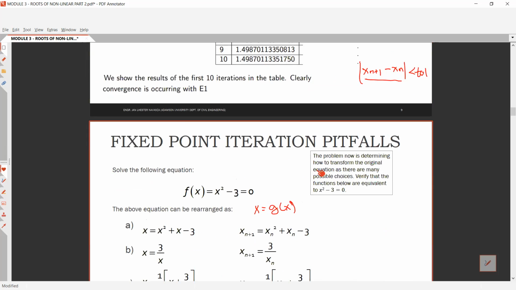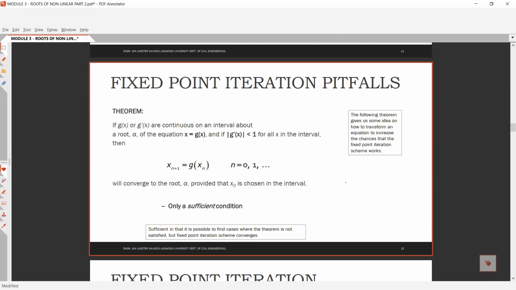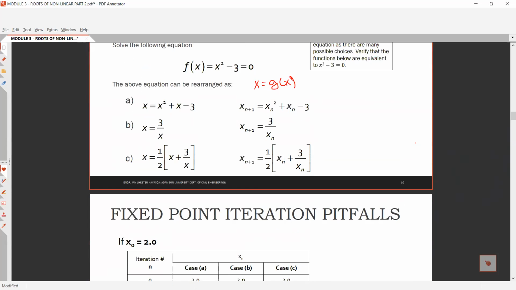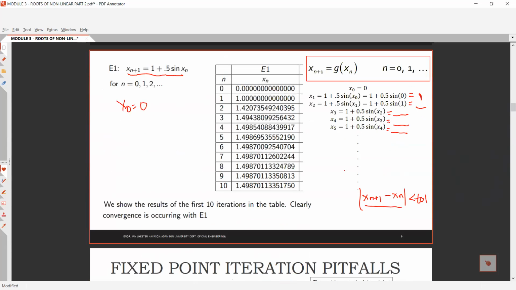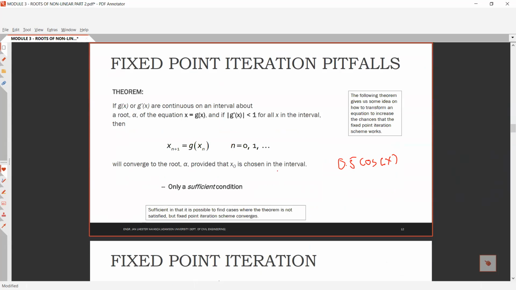So we have 0.5 cosine x. For the first one, of course, it is 0.